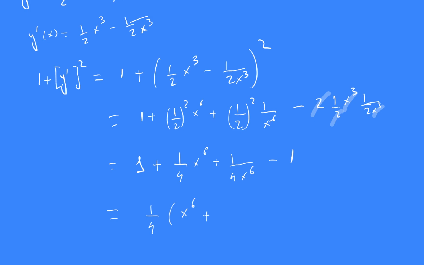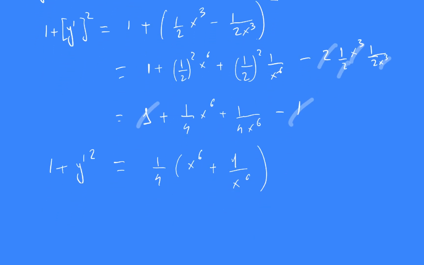It will be 1/4 common factor, x to the 6 plus 1 divided by x to the 6. And this is 1 plus y prime squared.